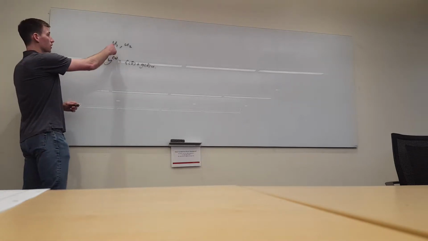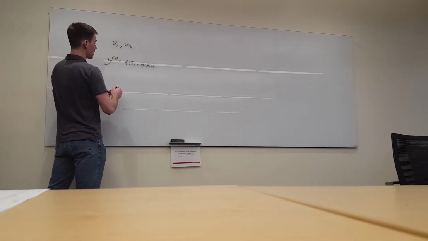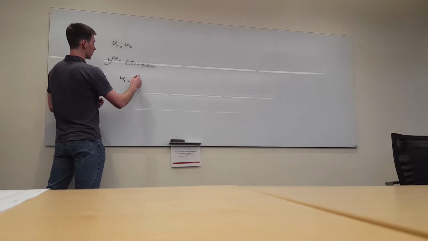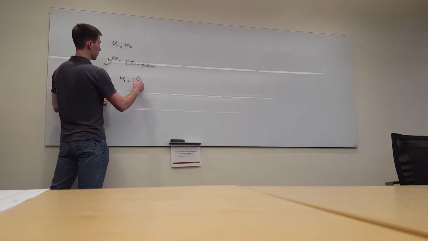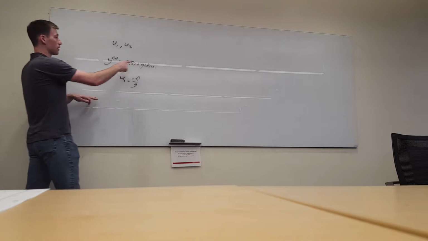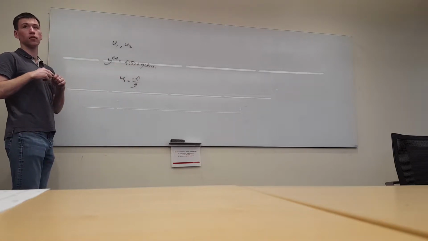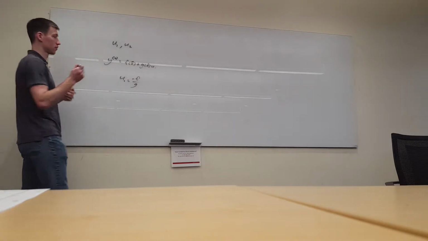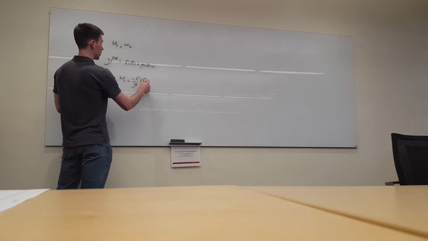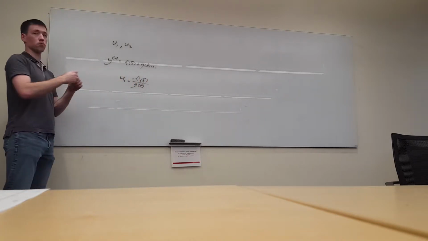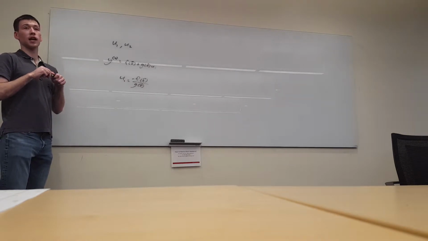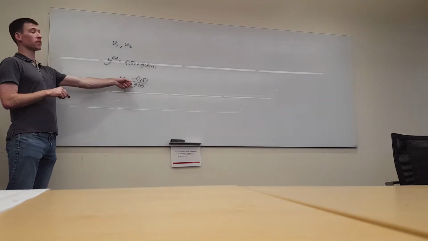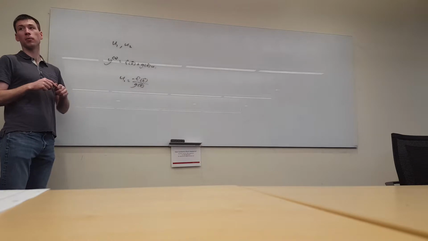Point being, U1 is just going to be negative F over G, canceling out our dynamics, right? This is always. And if you're worried about what if g of x is 0, you're right, that's a problem.